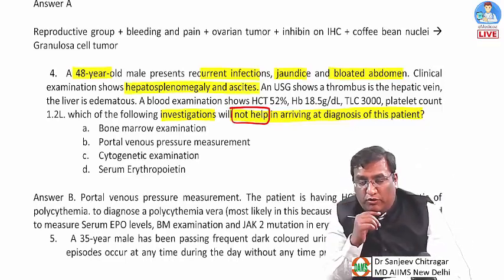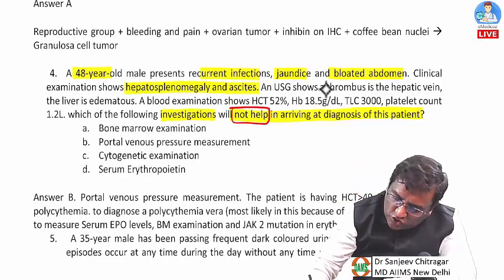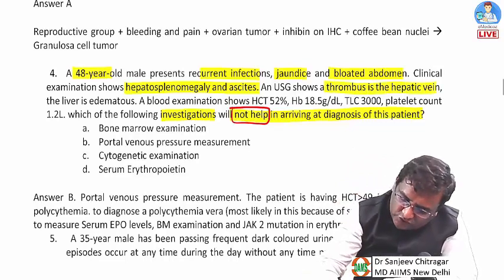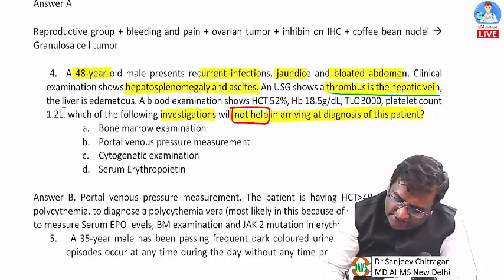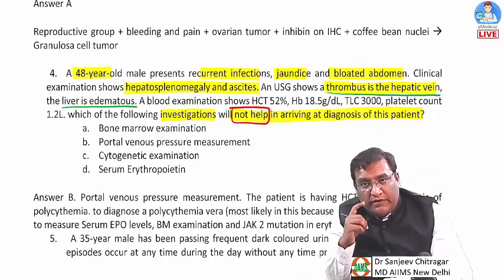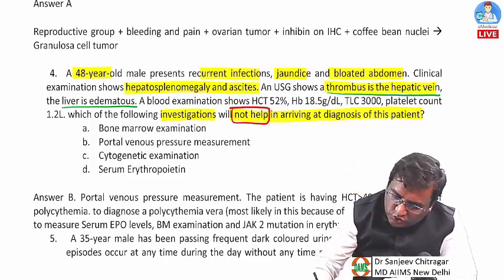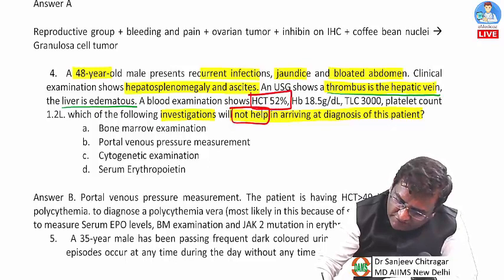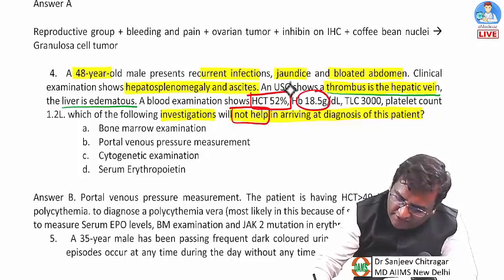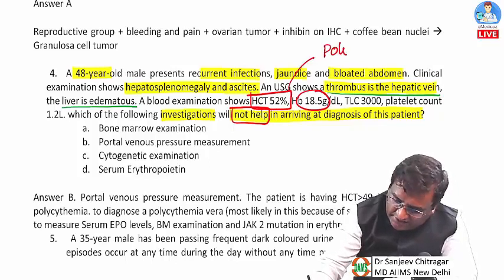So there is hepatosplenomegaly and ascites. USG shows a thrombus in the hepatic vein. The liver is edematous as well. A blood examination shows hematocrit of 52. That is the keyword. Hemoglobin is 18.5. This is nothing but polycythemia.